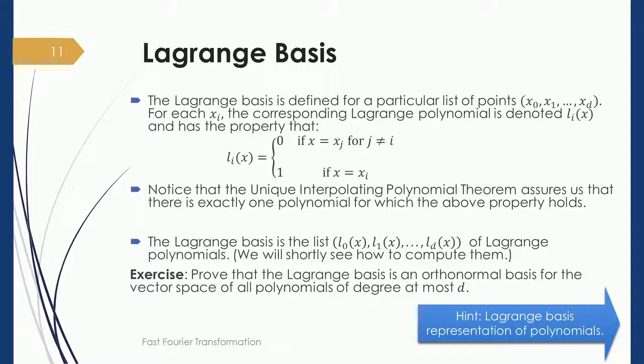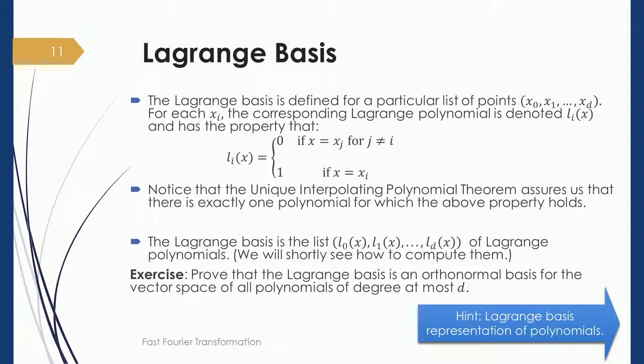For each of these x sub i's, we construct a Lagrange polynomial. So, there will be d plus 1 such Lagrange polynomials, and these d plus 1 Lagrange polynomials form the basis functions in the Lagrange basis.